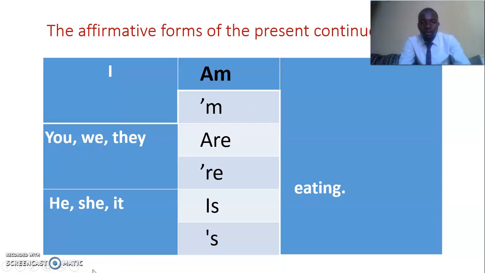Alright, and from there again we have the third person singular: he, she, and it. These three subjects again have one form in common, and that form is, as you can see here, is. He is eating. She is eating. It is eating. So this is the affirmative form of the present continuous tense.